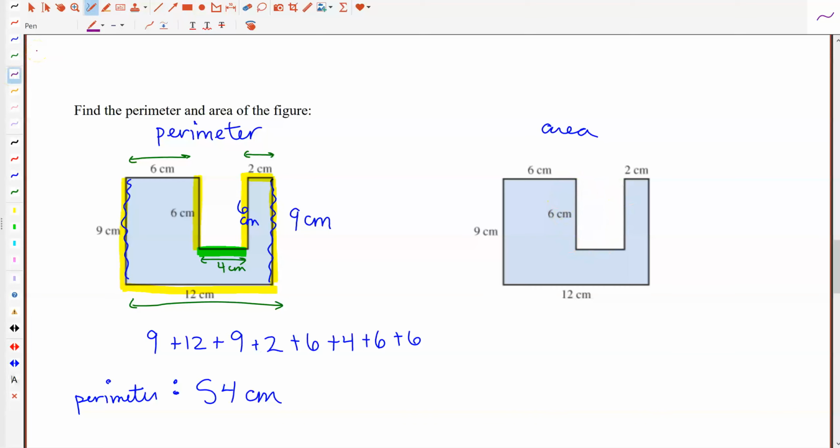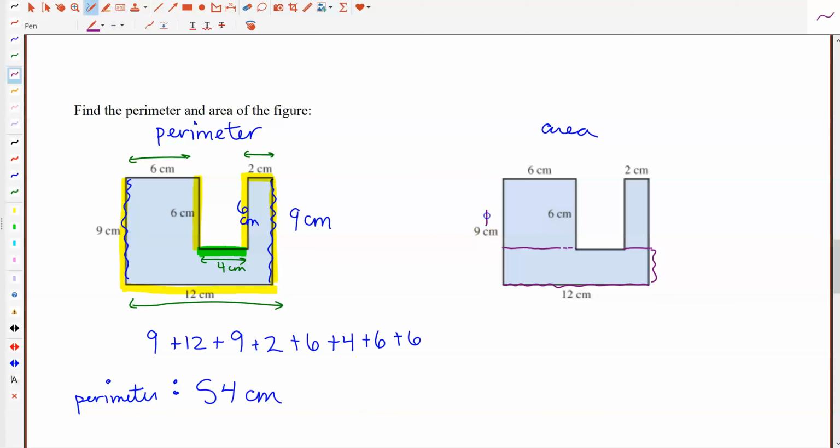So for this one, if I break it into sub-pieces, and again, there's a couple different ways we could break this apart, but we have to be able to use the measurements that we're given. Right here across the bottom, I'm seeing that there's 12 centimeters. If I break this up right here and right here, I've got to be able to find this distance along the side.